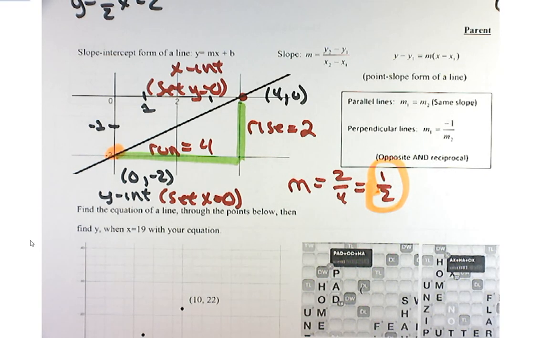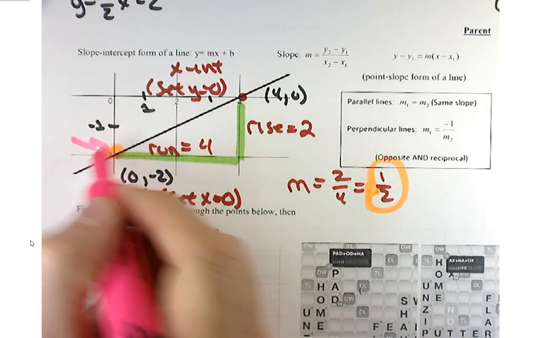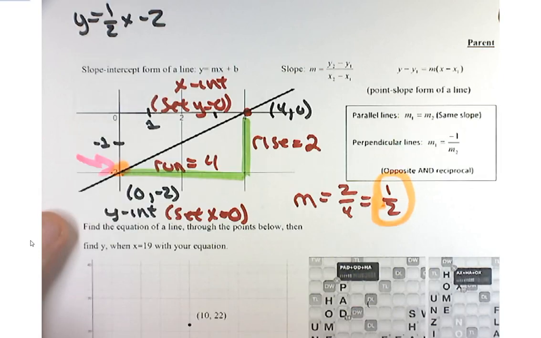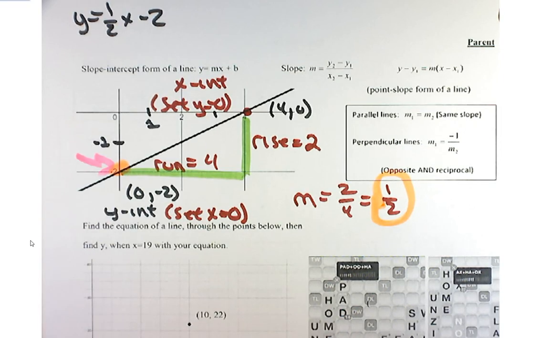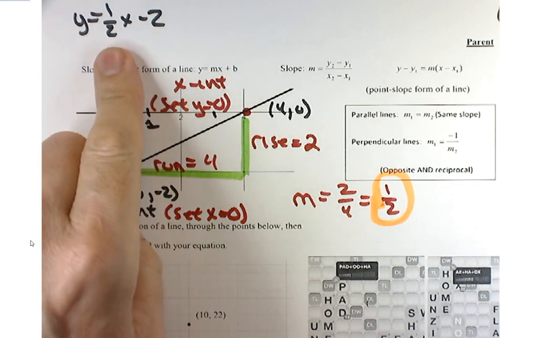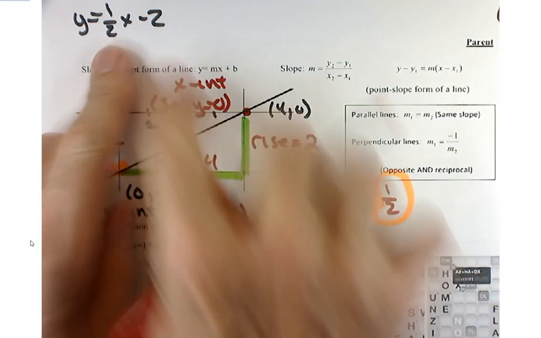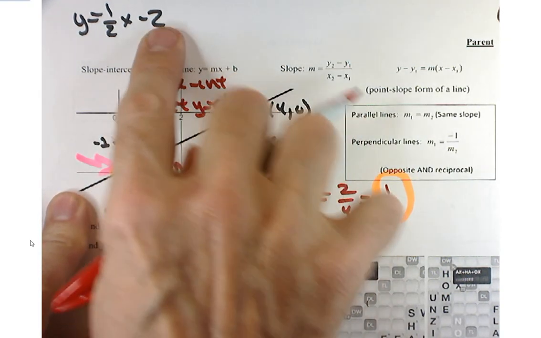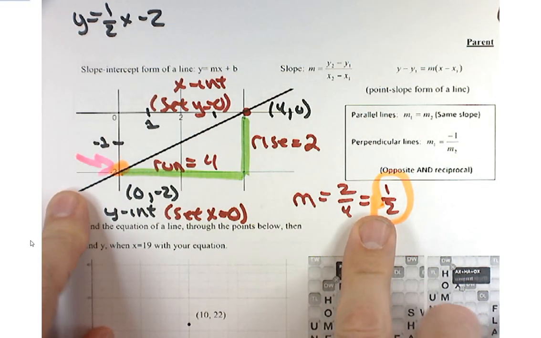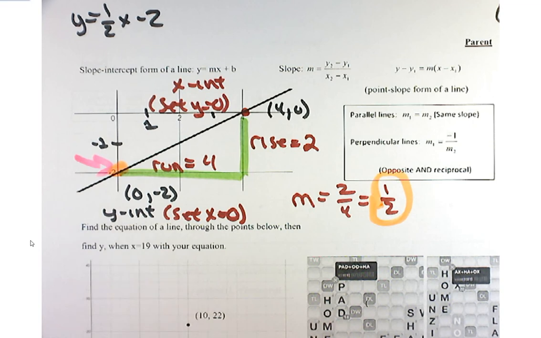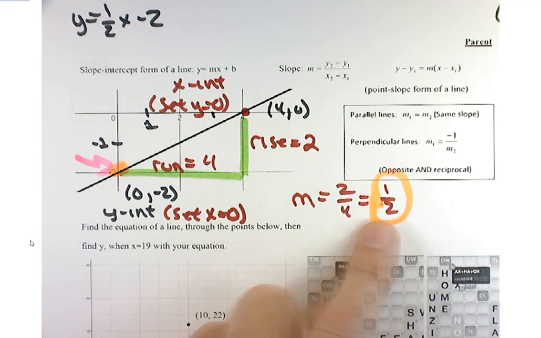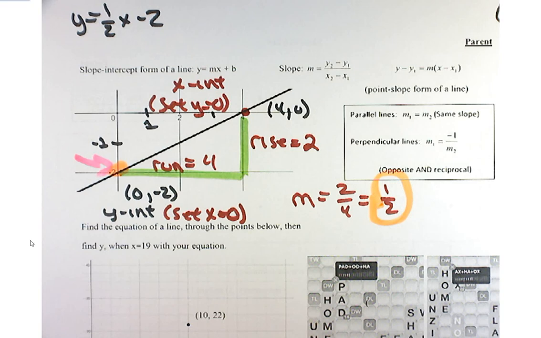And interestingly enough, the y-intercept was -2. But by some strange coincidence, I'm seeing those very numbers in my equation. I've got a 1/2 in front of the x. I've got a -2 here. Do you think that's in general just a coincidence that this one happens to be my slope and that happens to be my y-intercept?